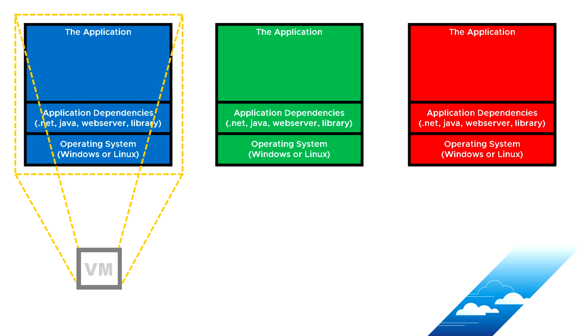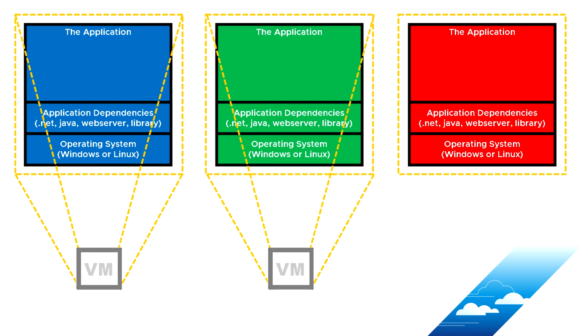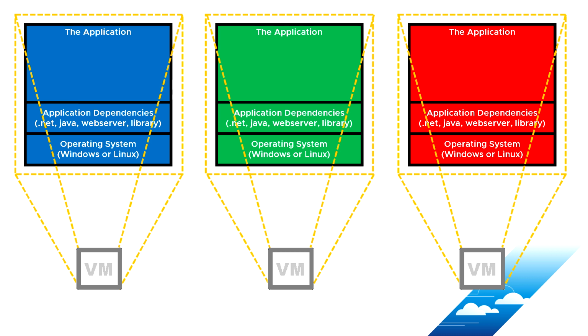So for 3 apps I'd create 3 virtual machines. That's the way that we've been doing things for probably the last 20 years or so. And in order to run those virtual machines, the bare minimum I need is a server running a hypervisor. So that's how I run 3 applications in 3 VMs on a server with a hypervisor.